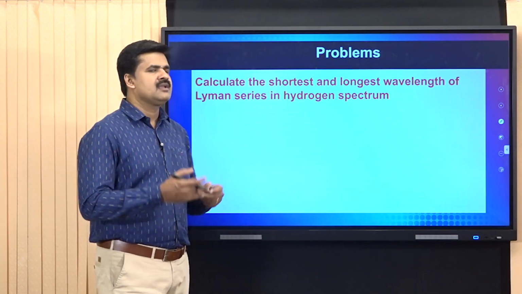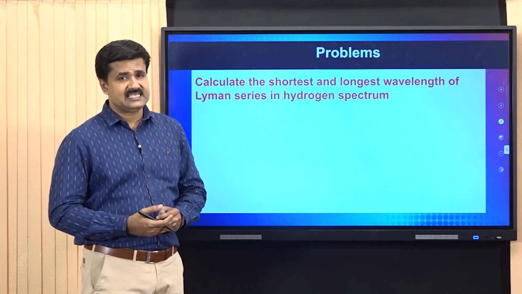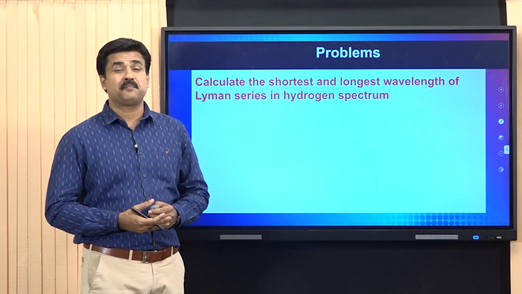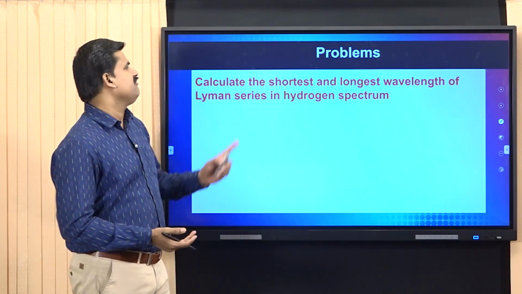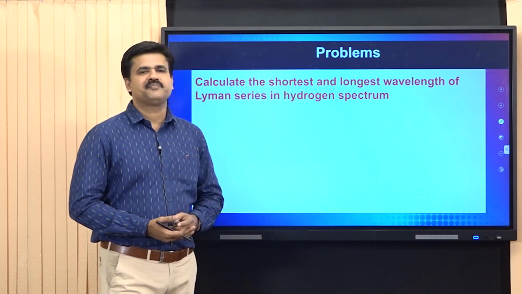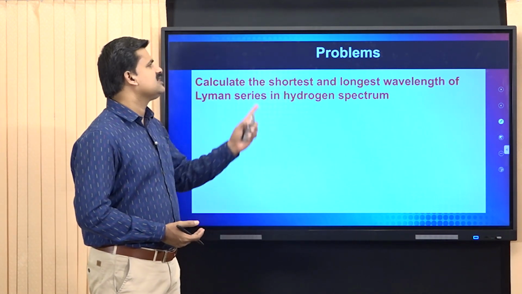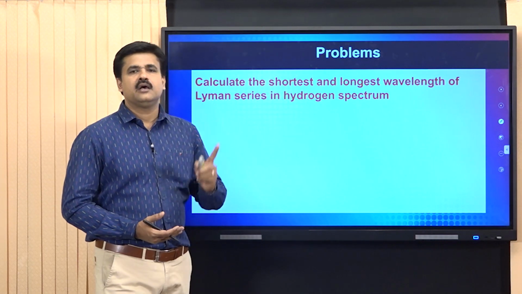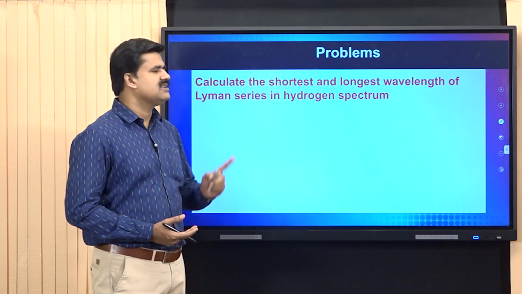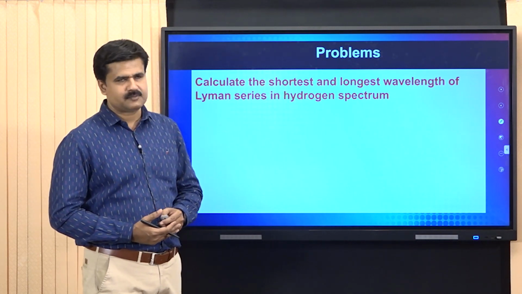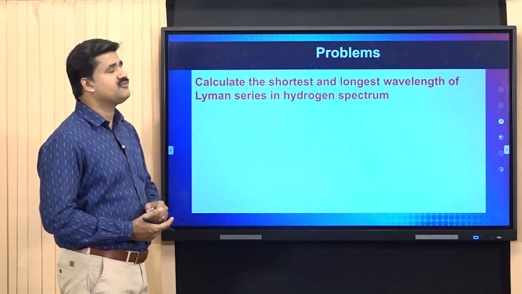Now, we can have some numerical problems to calculate the wave number of spectral lines using the Rydberg equation. We are moving on to the first problem. Calculate the shortest and longest wavelength of the Lyman series in the hydrogen spectrum. We have to use a suitable equation for the calculation.